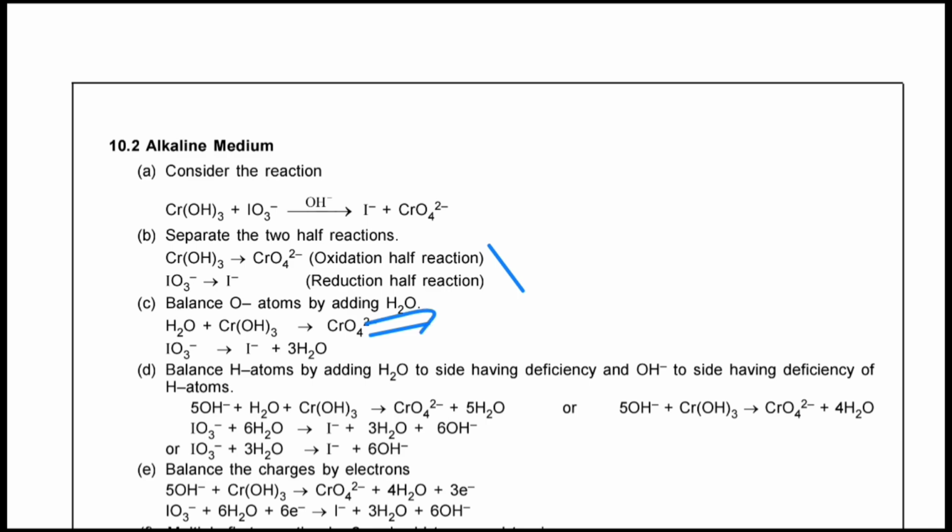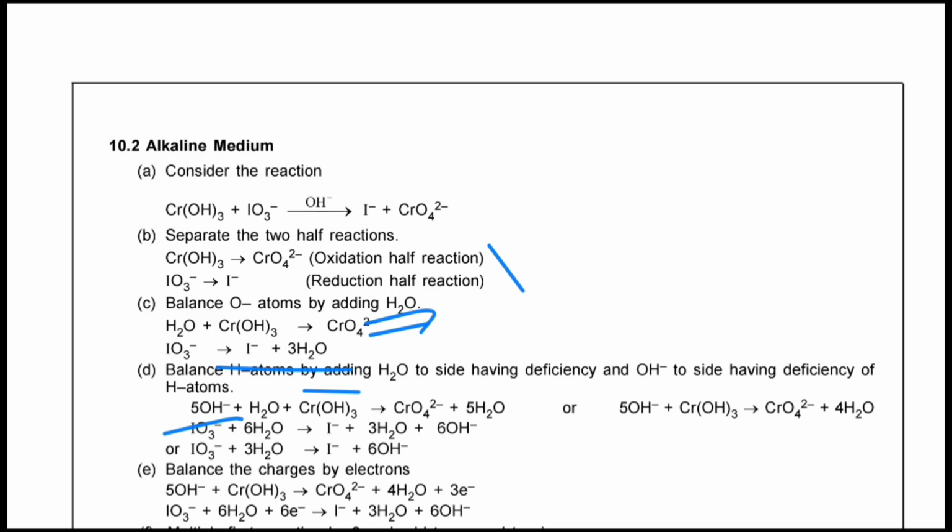You can see oxygen is balanced here. Now we will balance the H atoms by adding H2O to the side with deficiency and OH to the side with deficiency of hydrogen atoms. OH will be added where hydrogens are not present, so we will add OH negative ions on the left side of the equation.